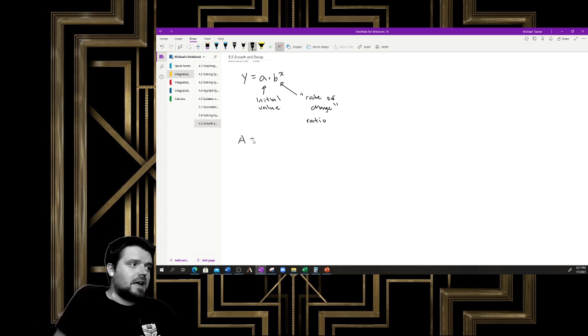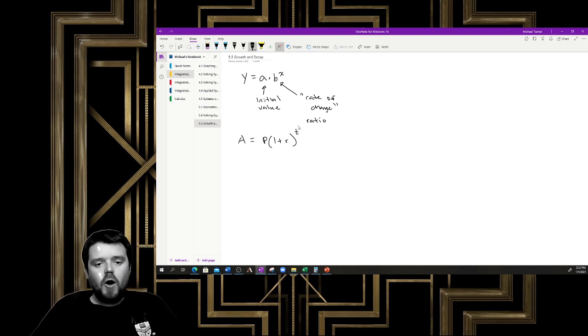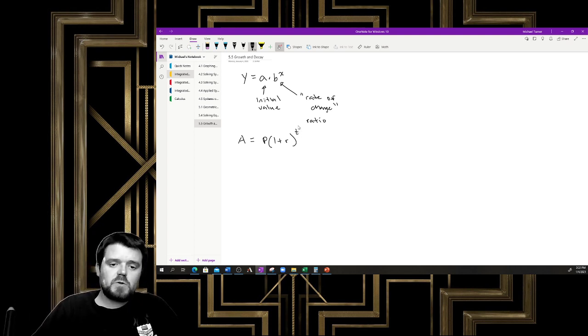And that is given as A equals P times 1 plus r to the t. For our purposes, we're looking at simple examples where your interest in these types of problems is being compounded annually, meaning you earn the interest every year. There are some tweaks we can make to this equation if we wanted to compound it monthly or daily, but because we're only doing annual interest for this section, we're just going to leave this as is.